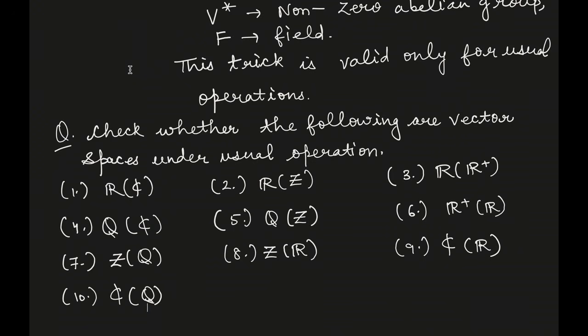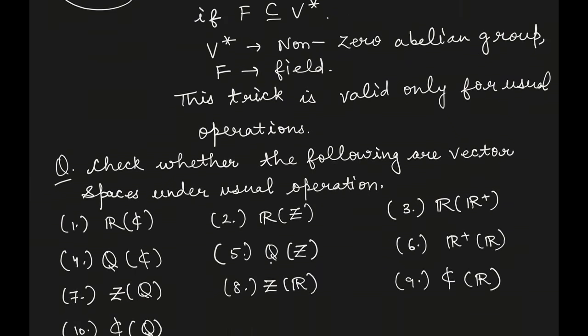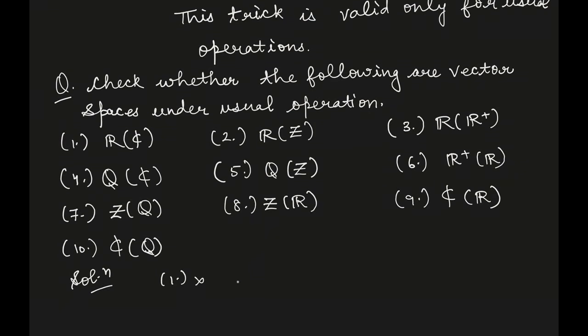But Z is not a field, right? Oh yes, Z is not a field. So QZ is also not there. So the first one is wrong, violated because of this trick only. So only 9 and 10 are correct.